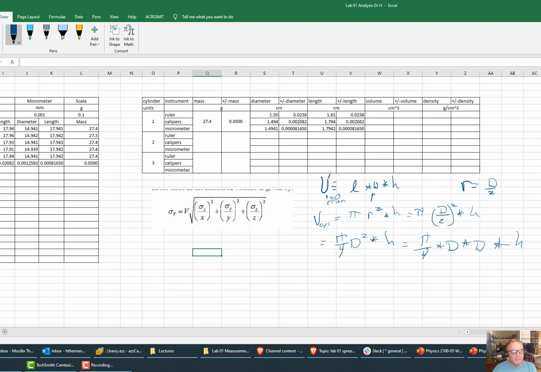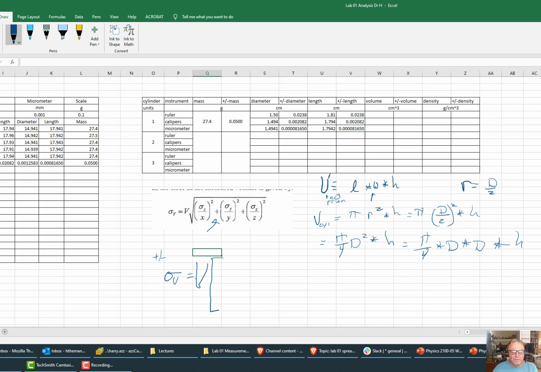So then we can take the error propagation equation, and we can say that sigma, which is just a fancy symbol for plus minus, of the volume equals the volume times, and we're going to use these square brackets for the square root sign.